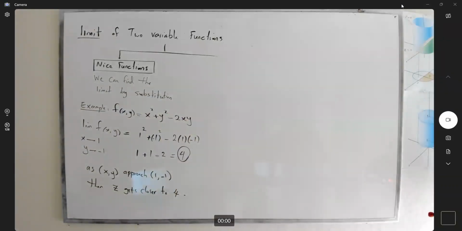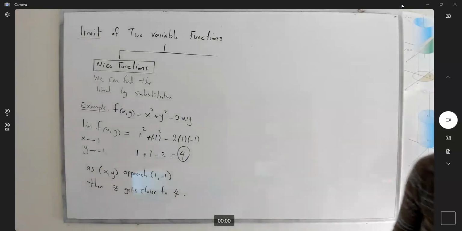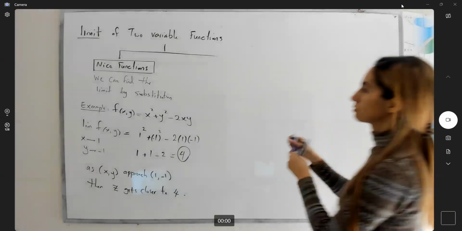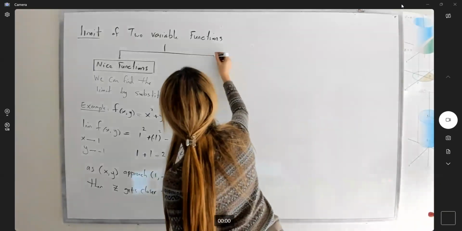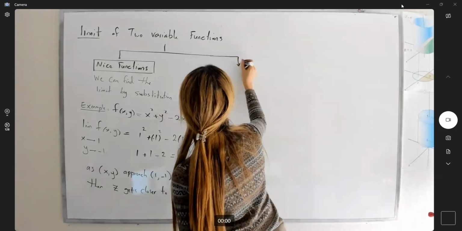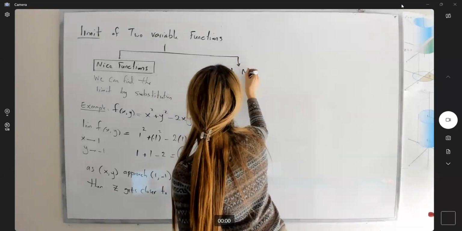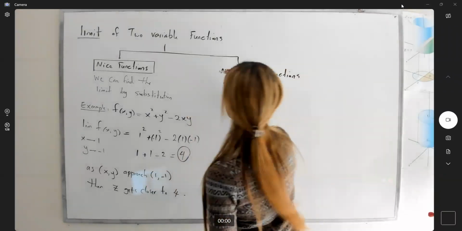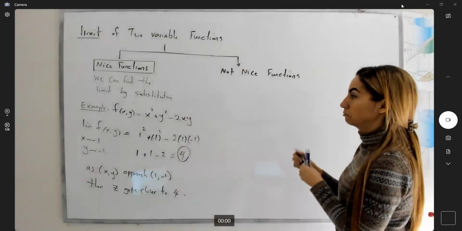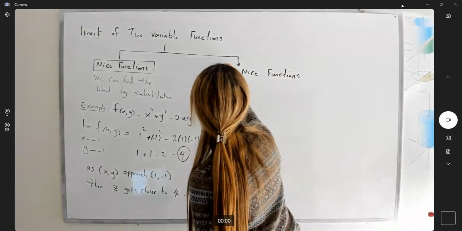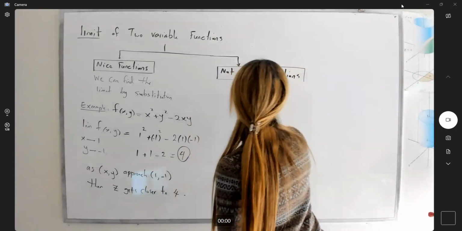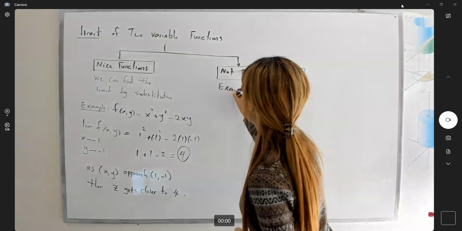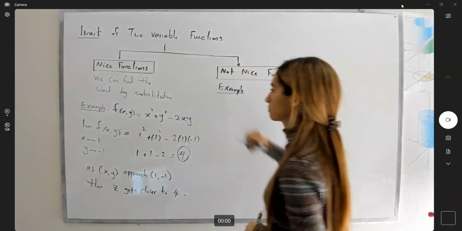Some other times, we don't have a nice function. For example, not nice functions, like what? Suppose I give you a rational function like this.